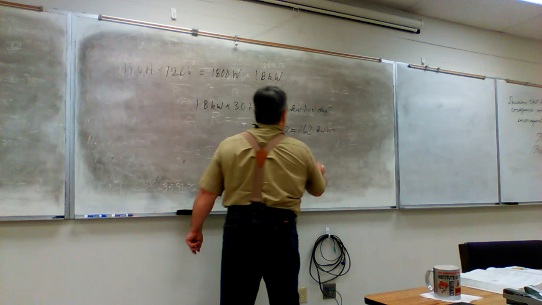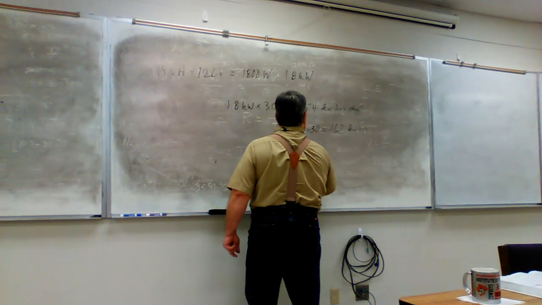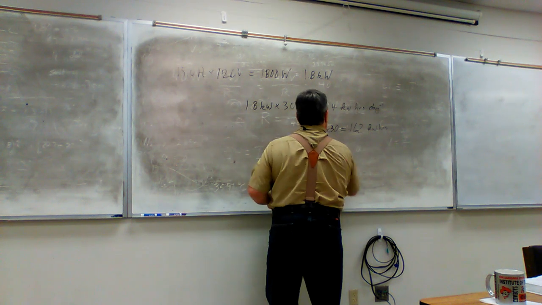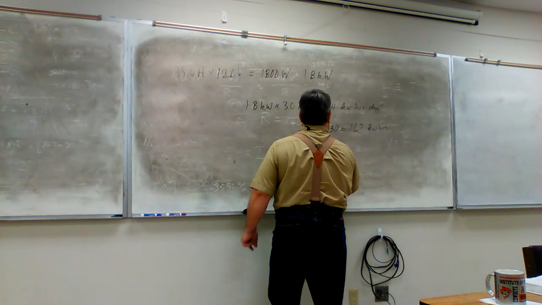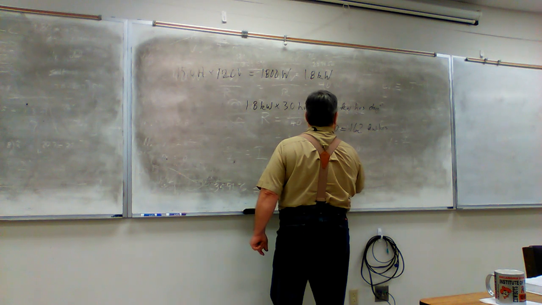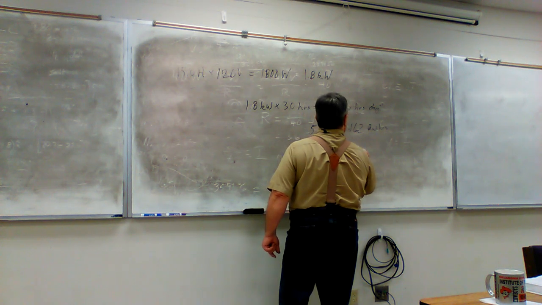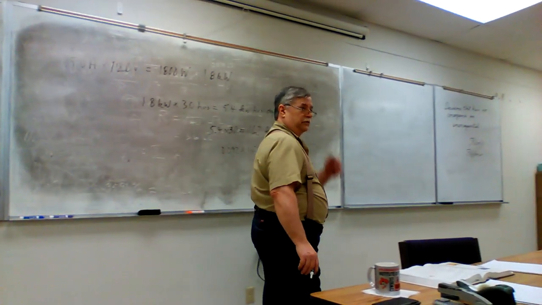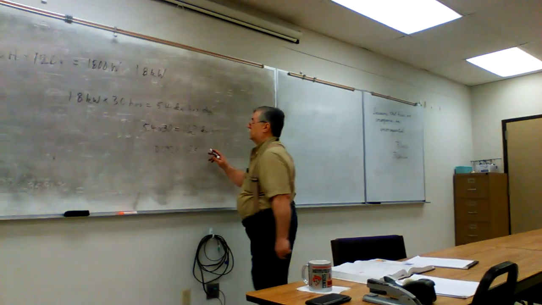Times that times 9.2 cents, or 0.092. 0.092 times 162, how much?